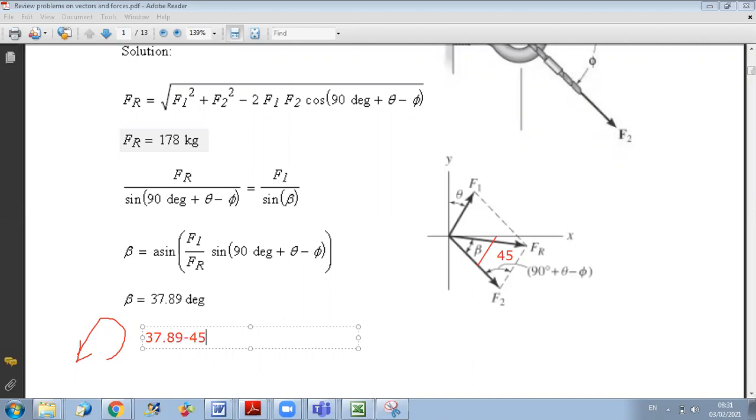Okay, and then you can get your answer. Okay, so it's nearly equal to, so if I do 45 minus 38, it's nearly 7 point or 6.11.